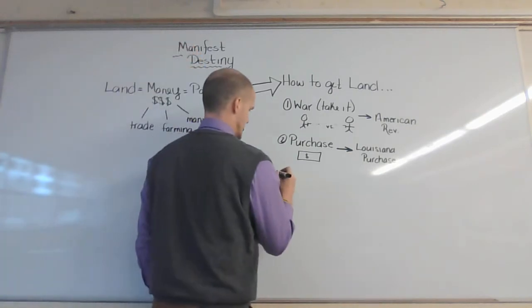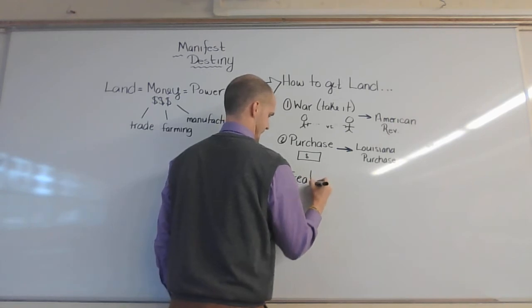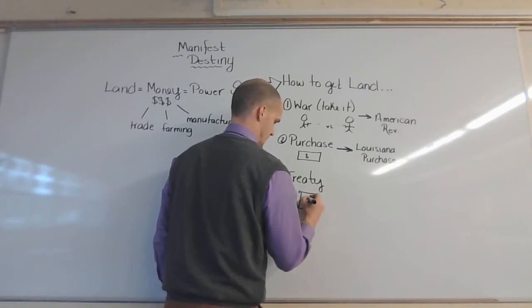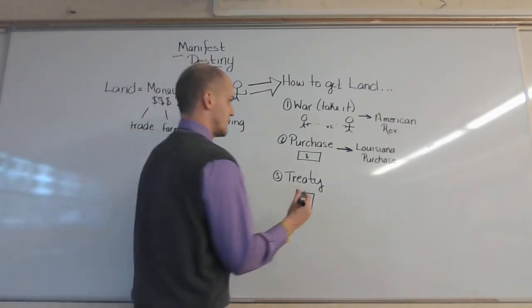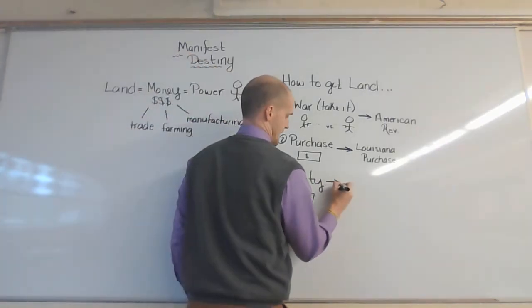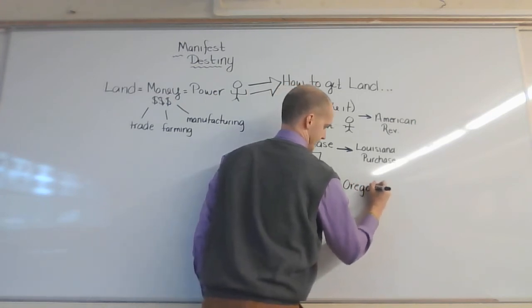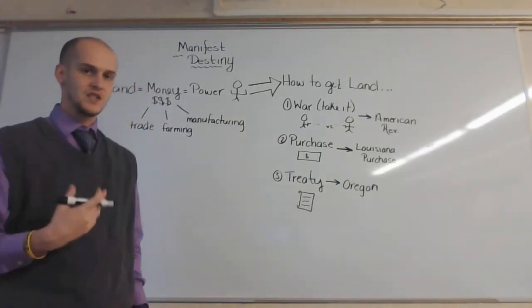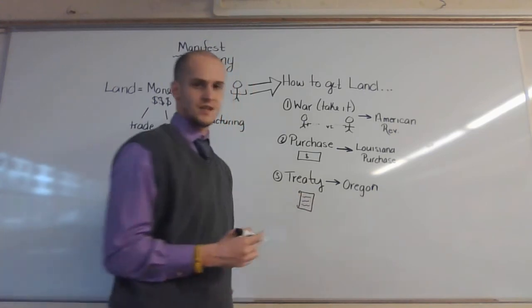The third option is through a treaty. Through a treaty, we get Oregon this way. Oregon is obtained via a peace treaty or a negotiation, either one.